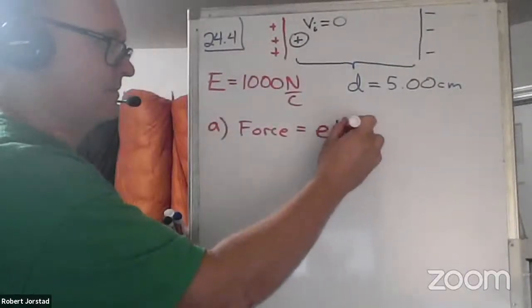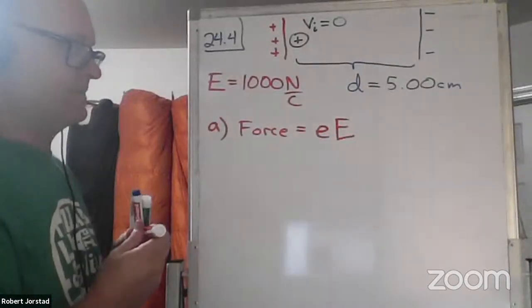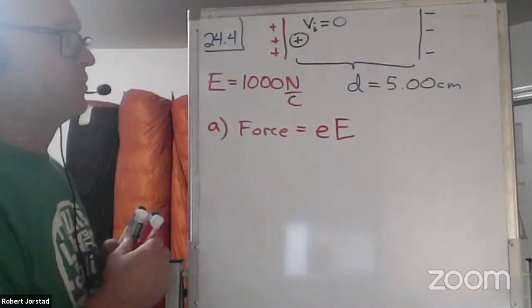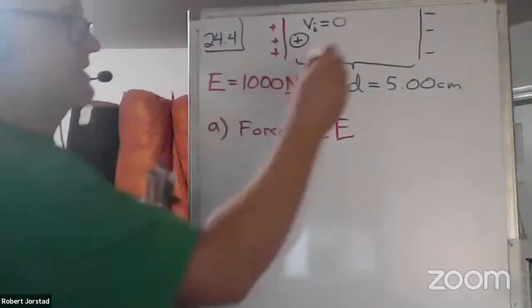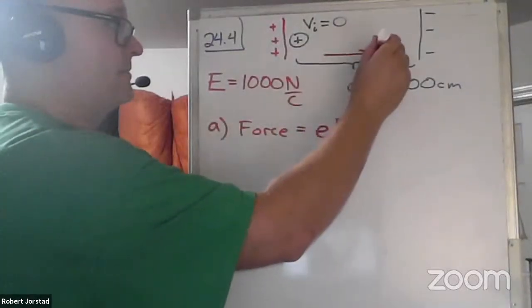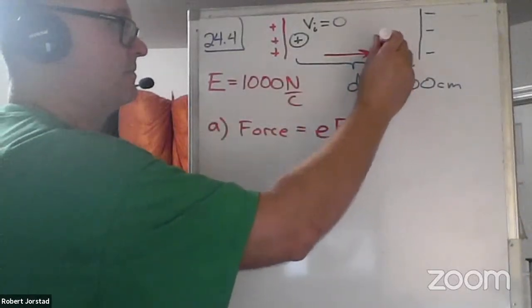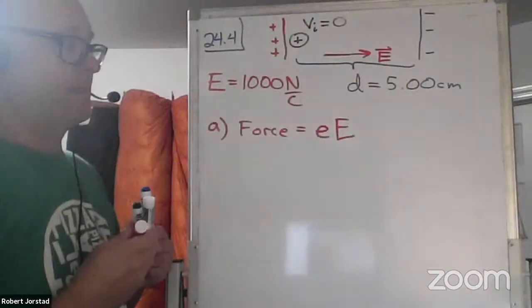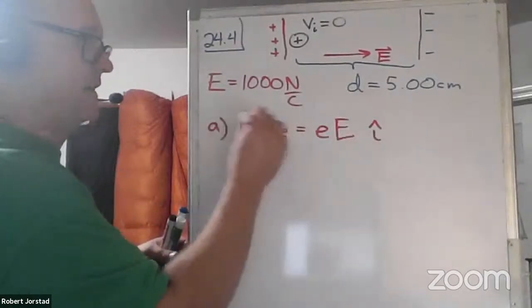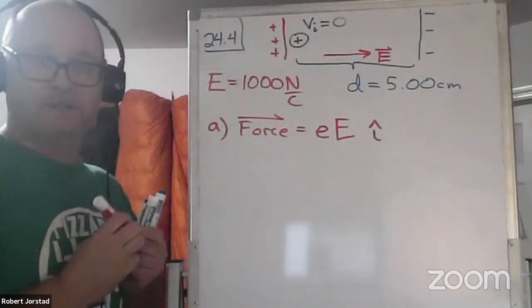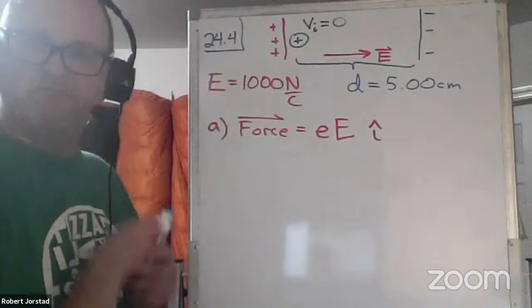We've got it. What direction is it? Yeah, it's from plus to minus, or from high voltage to low voltage. So we expect the electric field points this way, right? If you wanted to, you could even throw in an i hat on there and stick a vector on it. These numbers you could plug in, done.